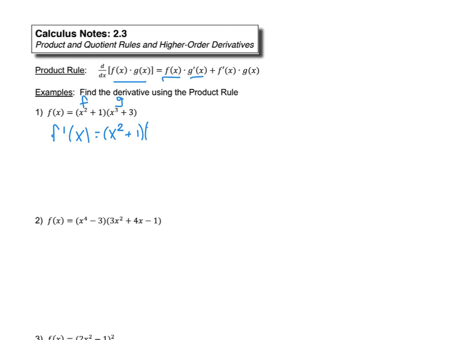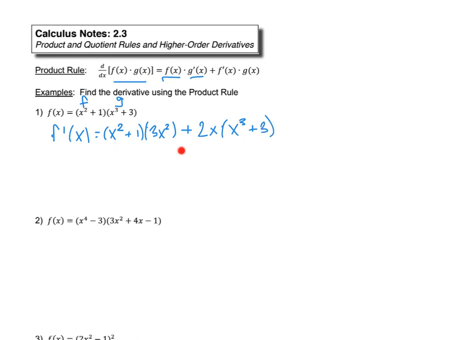So that would be times 3x squared, plus the derivative of the first function, which would just be 2x, times the original g of x, or second function, so x cubed plus 3. Okay, so we've applied the product rule.